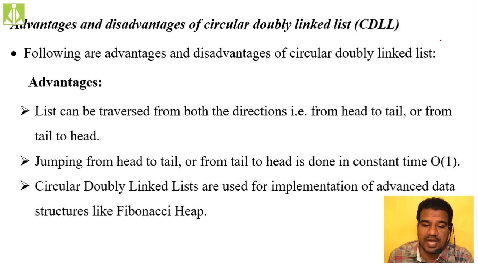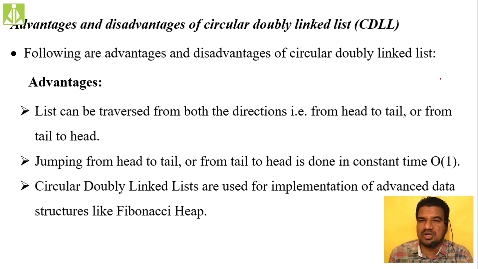And about jumping from head to tail: in our previous case of only a doubly linked list, to move from the head node to the tail node, we have to traverse all the nodes, so the time complexity is order of n, because the number of nodes inside the doubly linked list is unknown when you are performing the traversal.